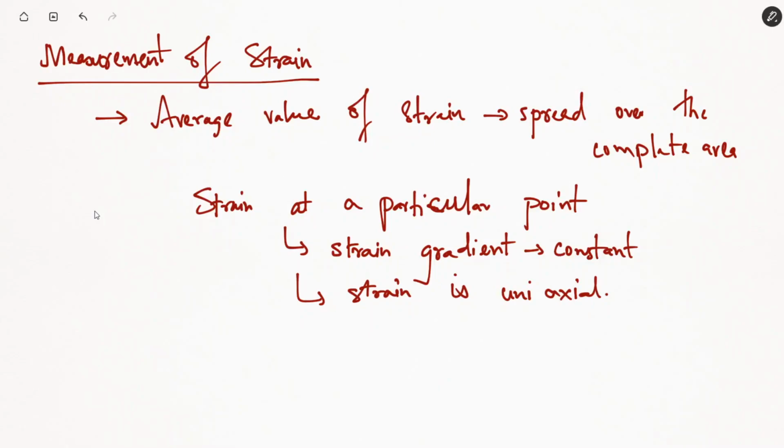So in such cases, practically the smallest practical gauge can be used for measurement of strain. That might approximately give us the true value of the strain at a particular point.